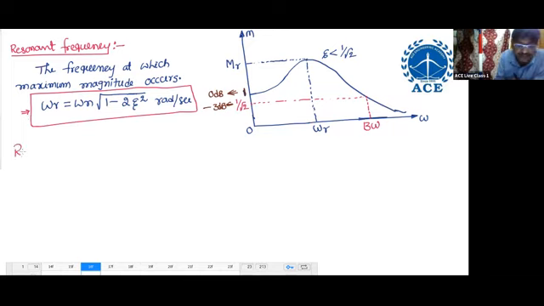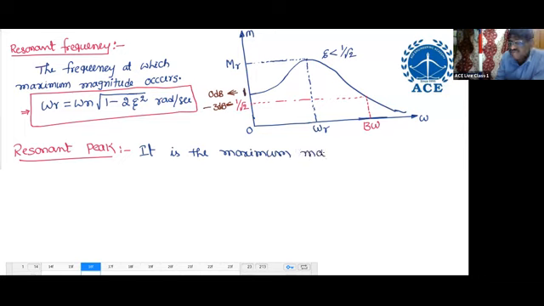Next, resonant peak. Remember these formulas. Resonant peak is the maximum magnitude at resonant frequency.